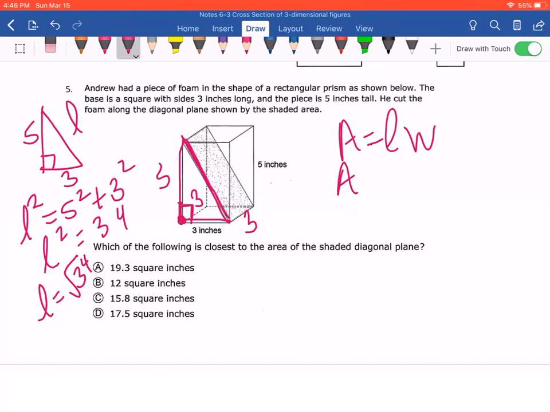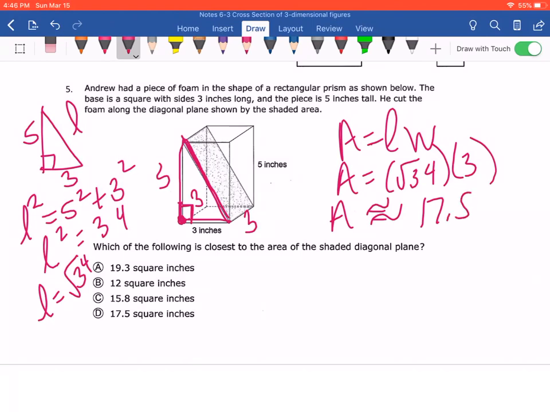I can take both of these, my length being root 34 and my width being 3, and plug it into my area of a rectangle formula. And what I end up with whenever I round to the nearest tenth, because all of my answers are given in that form, is about 17.5 inches squared, which corresponds to D. So that is your lesson for today over 6-3.